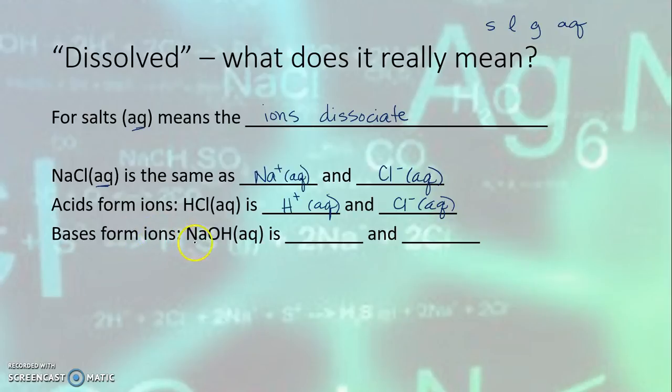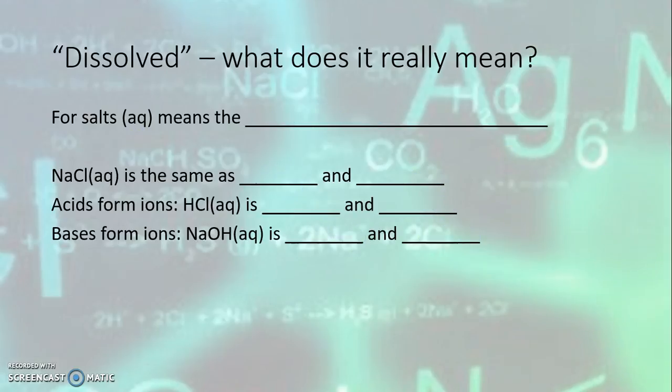And guess what? Bases also form ions. They're going to break apart into sodium ions and, in this case, hydroxide ions. So they're breaking apart into the ions that make them up. And that's what it means to actually dissolve something and become aqueous in solution.